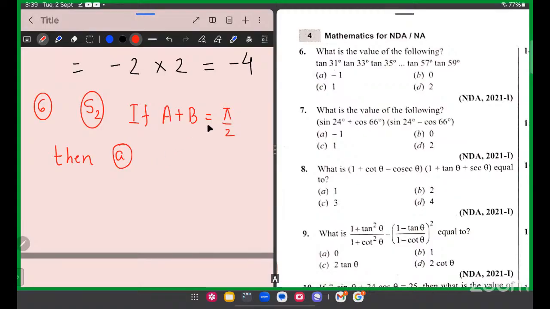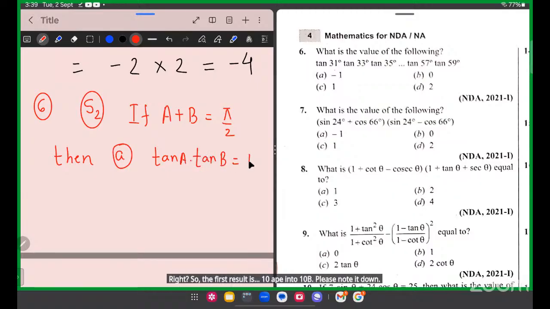A plus B is equal to pi by 2 means both the angles are complementary angles, right? So the first result is tan A into tan B. Please note it down. Tan A into tan B is equal to 1.